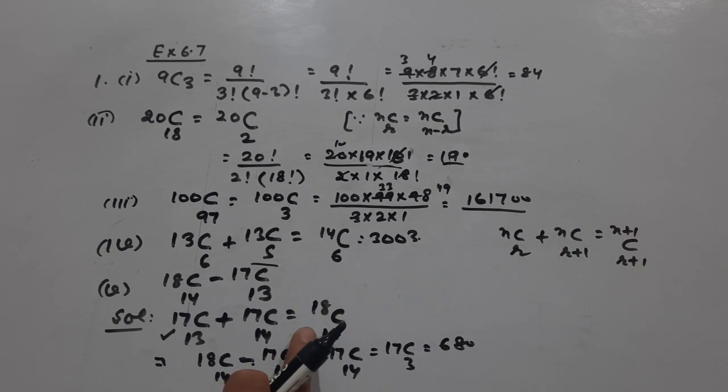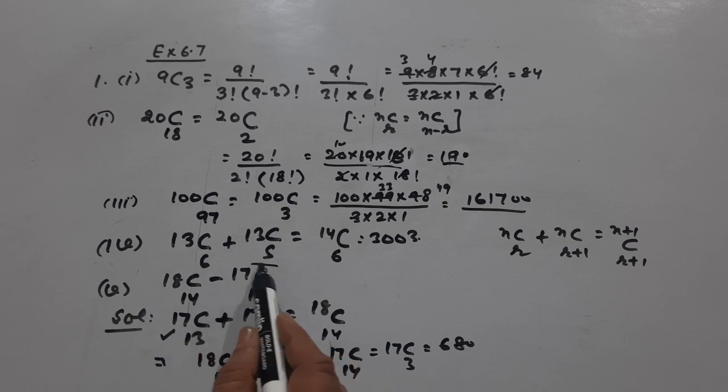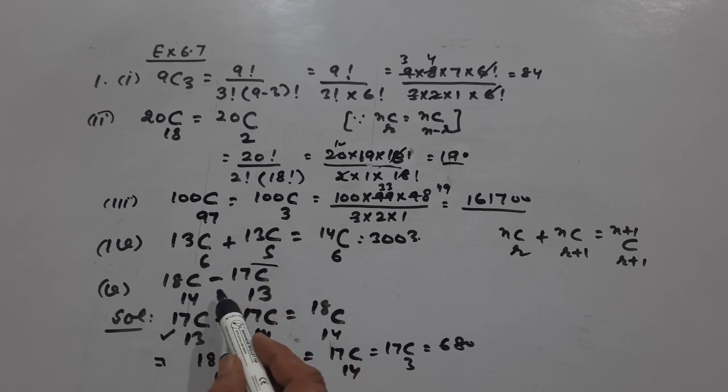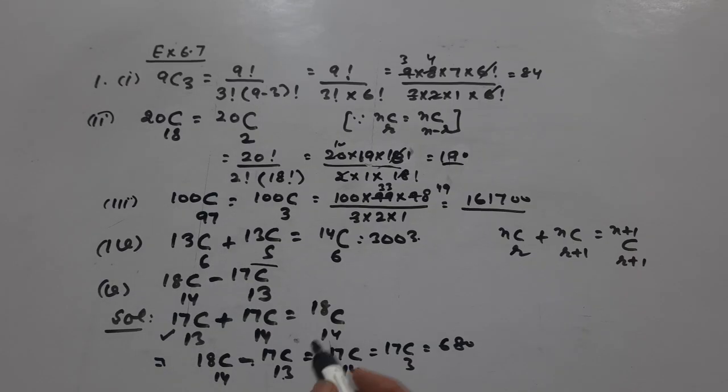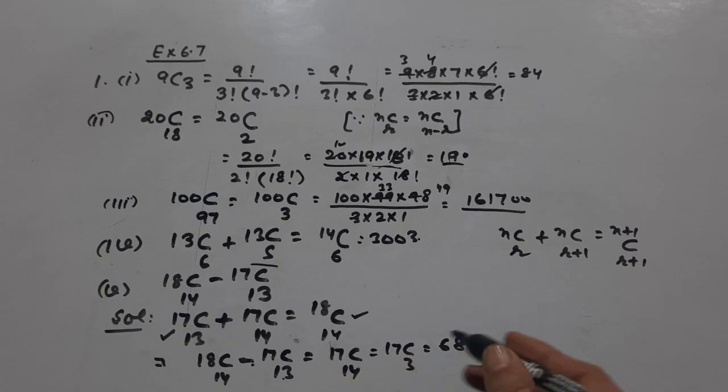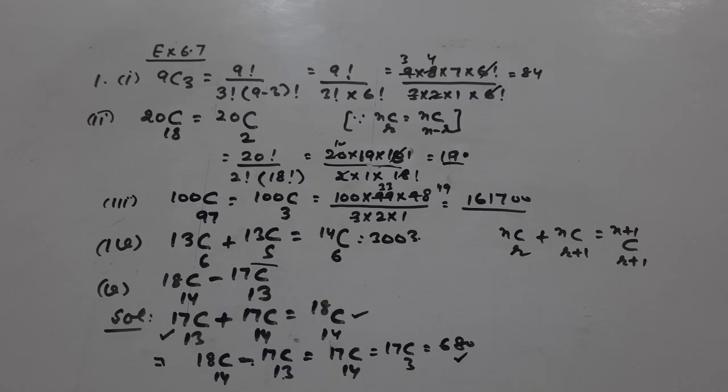Now writing 18C14 first minus 17C13, this is equal to 17C14. So the question 18C14 minus 17C13 comes from here, okay. 17C14 is equal to 17C3, and the value is 680.